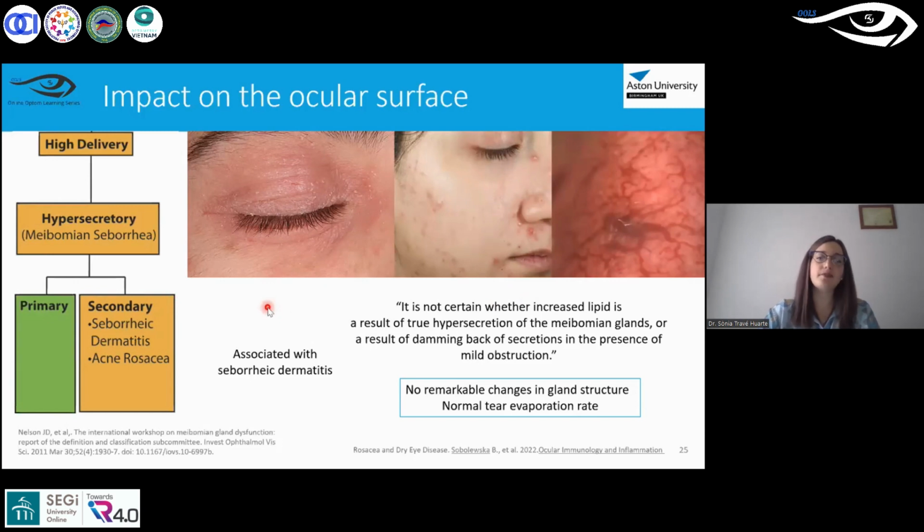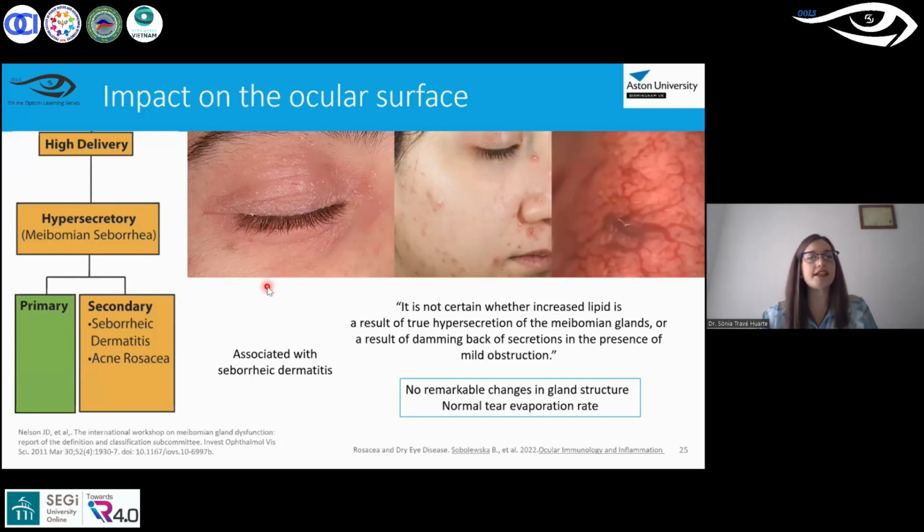The very important thing is that we don't know exactly why that high delivery is happening on the surface of the eye. If it is only because the glands are truly hypersecreting those oils, or actually the oils are all concentrated, then they come all at once, presenting an obstruction.